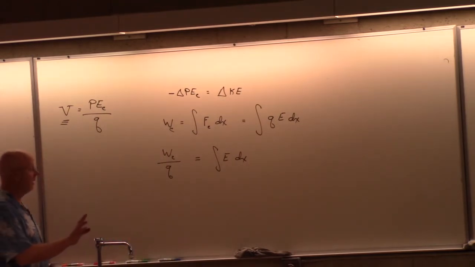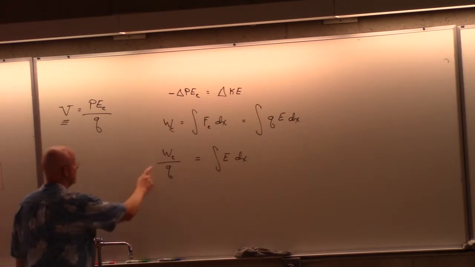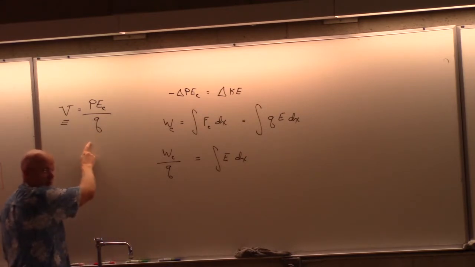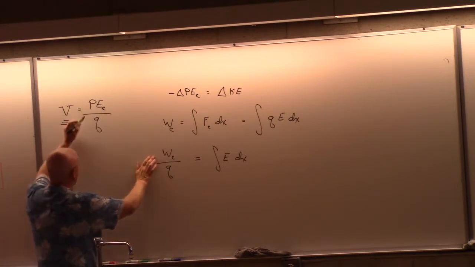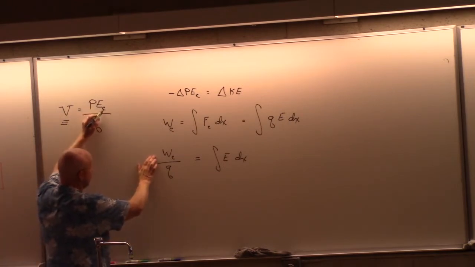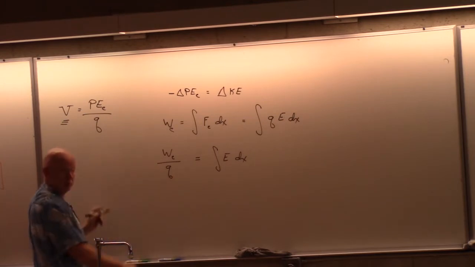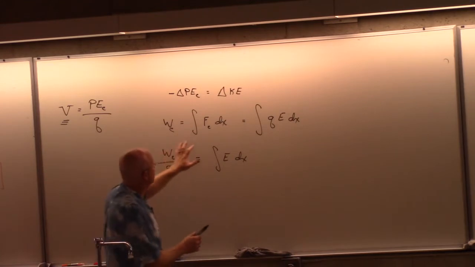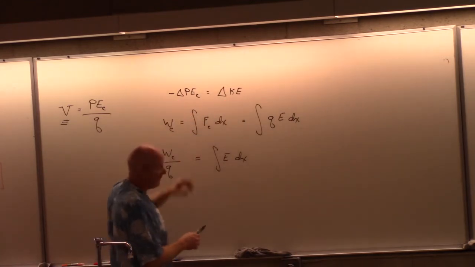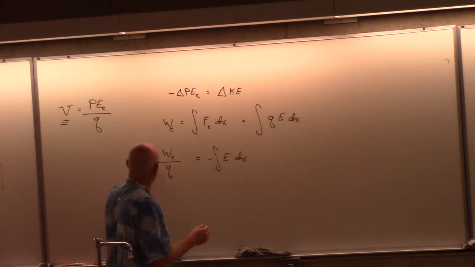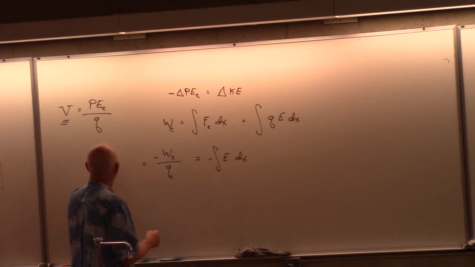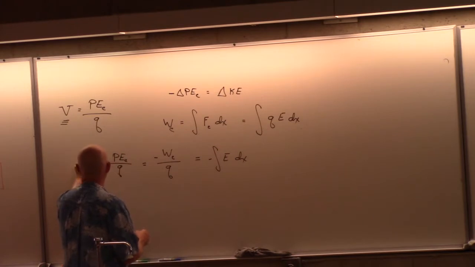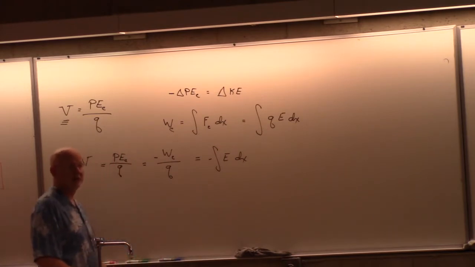Wait. Now maybe you see why I did that. Isn't that this right here? Isn't the work, or I should say the potential energy divided by Q, equal to that integral? Now, I guess technically the work is this side, so if I throw in a negative, I have the potential energy over Q, and that is the voltage.